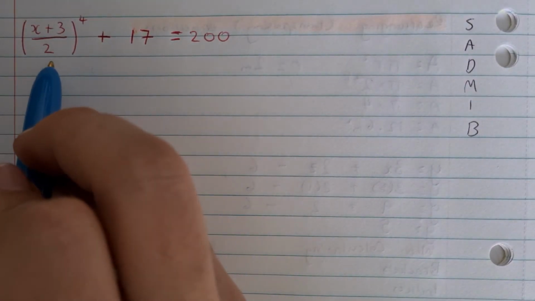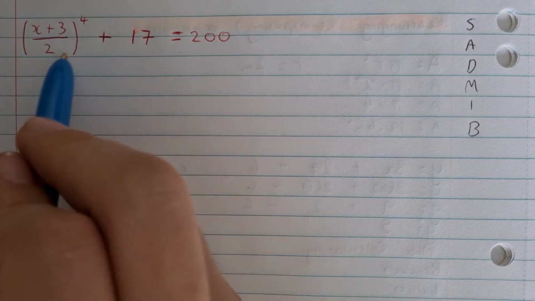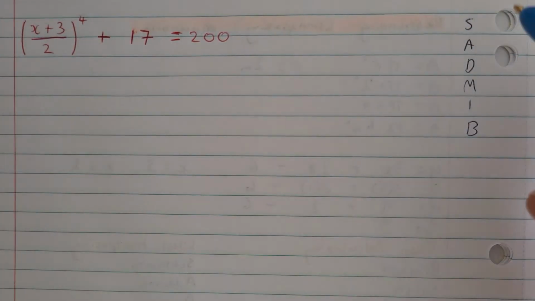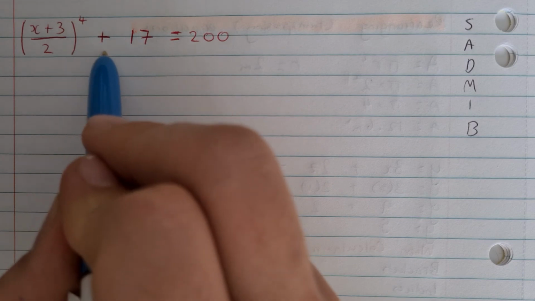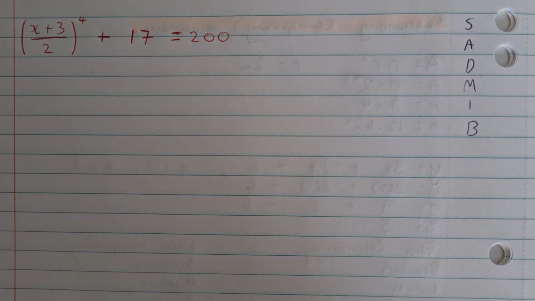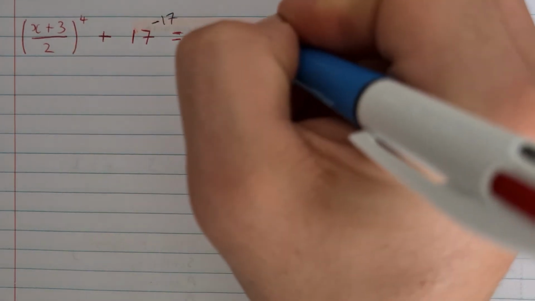So we want to extract x. It's kind of buried deep in this equation. We need to work through our steps to get it on its own. The first thing we see is we've got an addition out here. So to reverse that addition, we can subtract 17 from each side.